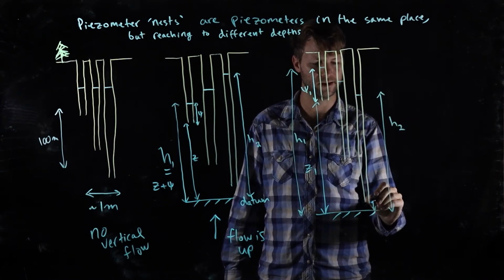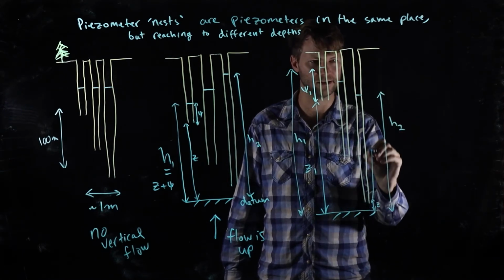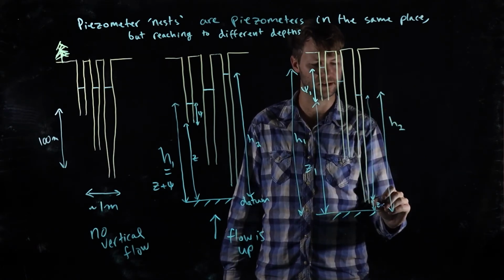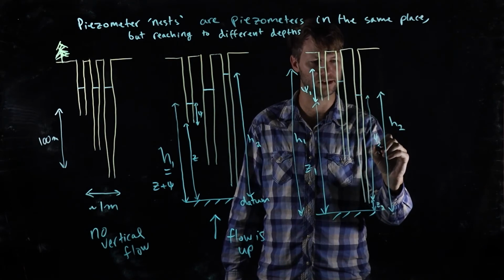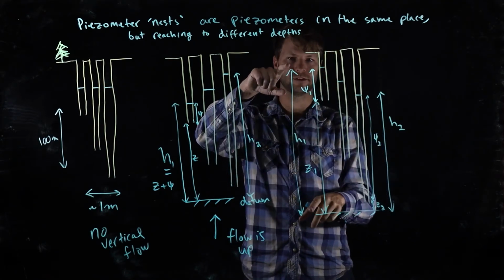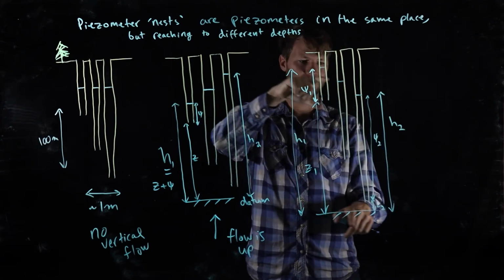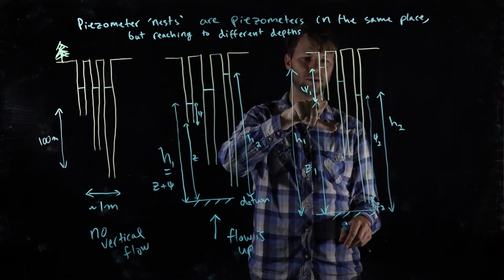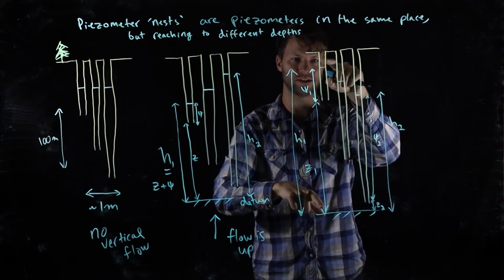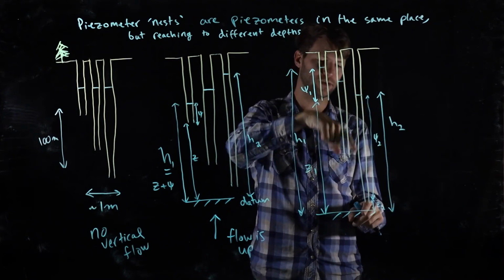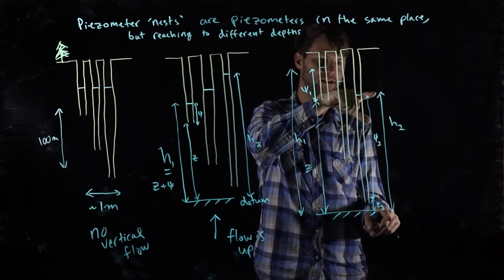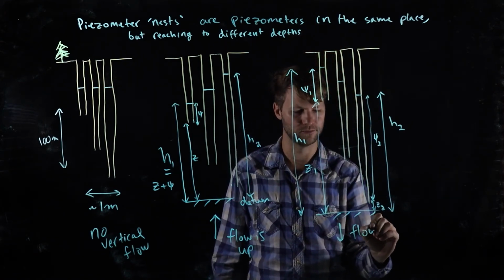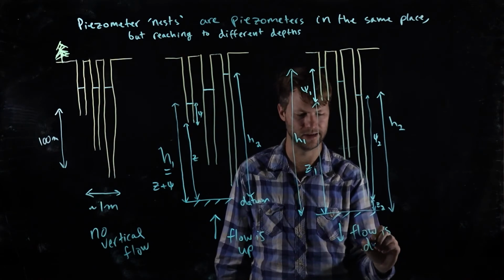We've got a little bit of elevation head here, and then a relatively larger amount of pressure head. So Z2, psi2. Water is going to flow from places with high head to low head, and so it's going to be going from this measurement point where we measured this total amount of head downwards in this direction towards an area with lower total head. So here the flow is down.